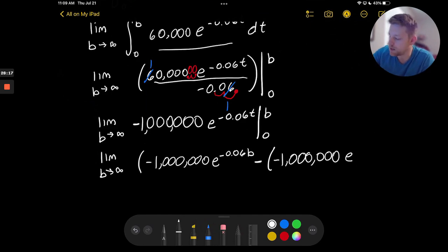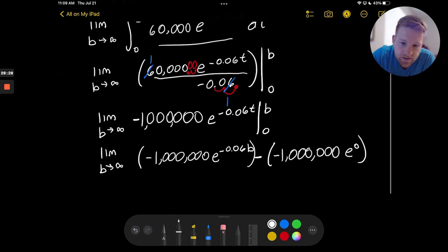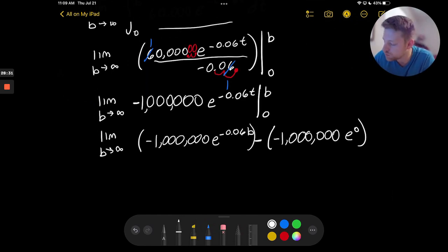And now let's just consider our limit as we walk across this. If b is going to infinity, if b is getting very, very large, notice the first time b comes up is right here in this exponent, and that's a negative exponential. As the input increases, our negative exponential looks like this.